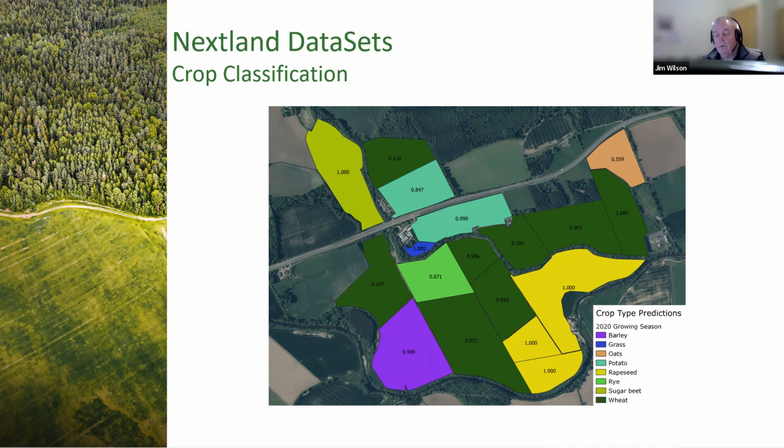So one of the key inputs that we use is knowing which crop is in which field in which year. Using the NextLand crop classification models, we can go back 2, 3, 4, 5 years, and the crop classification models will tell us what is the likely crop type in each field in each of those years.